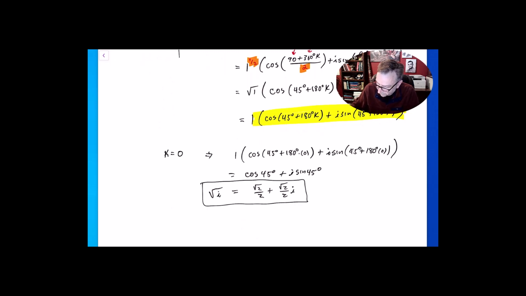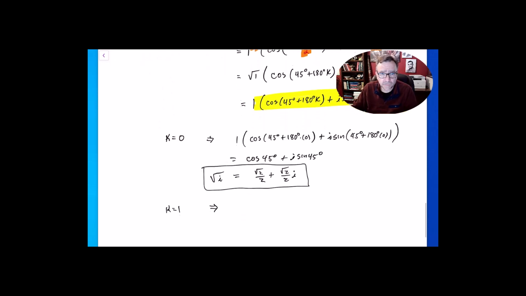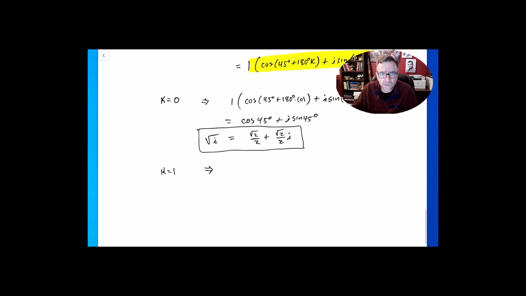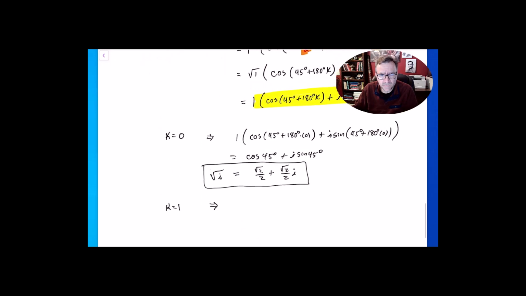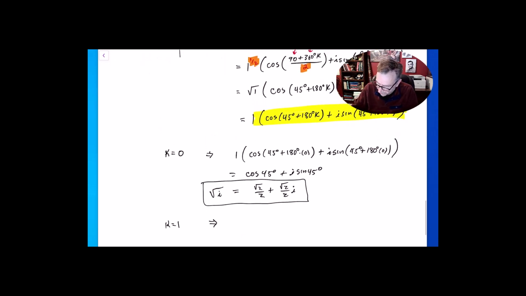All right. Now what we have to do is plug in k equals 1, and that'll give us the other square root of I. All right, and so there we are in yellow. So you could see there I'm going to have to plug in 1 now.